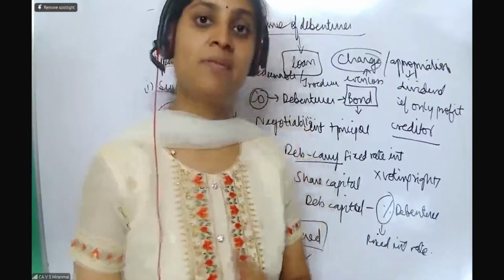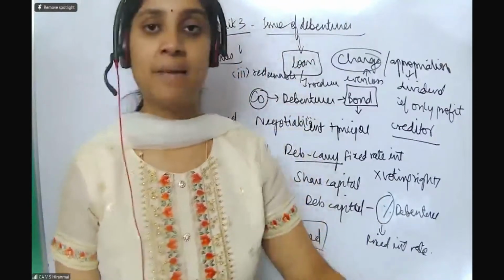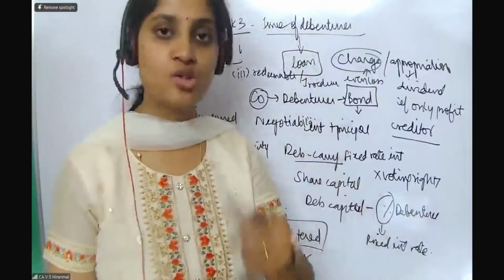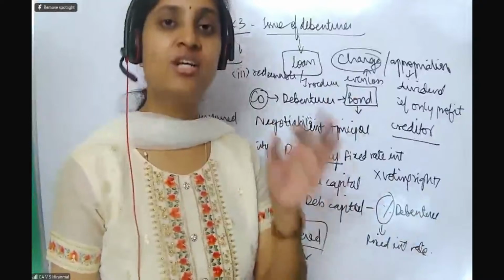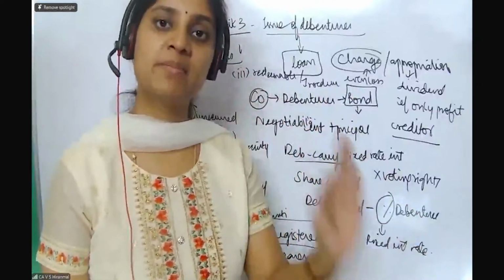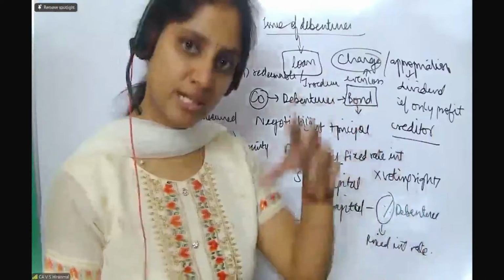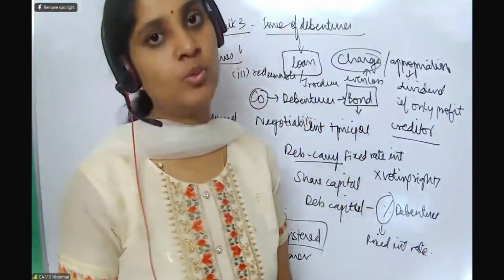Suppose if something happens and he passes away and there is another person who wants to claim, the company will not give him. In that case, you can ask me a lot of doubts, but technically, let's not get into the legality. You people should understand that whoever is registered, or whose name appears as a registered debenture holder in the register, only to them the interest and the particular capital will be paid.